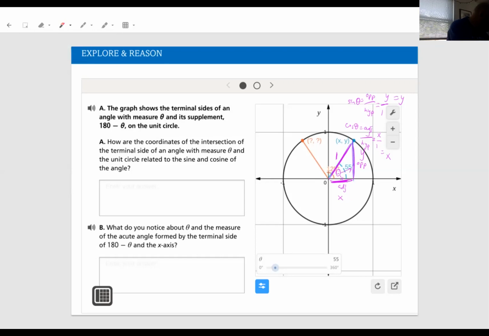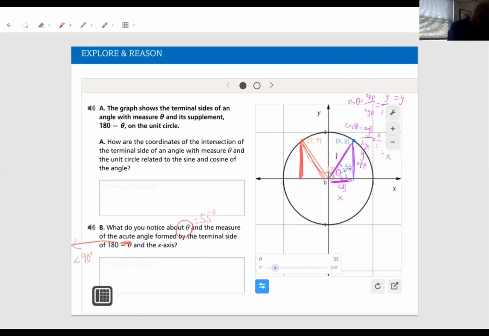What do you notice about the angle theta? On our screen right now, I know that angle theta was 55 degrees. And the measure of the acute angle, acute, I know that means less than 90 degrees, the acute angle formed by the terminal side of the supplemental angle. So my supplemental angle is this red angle over here.